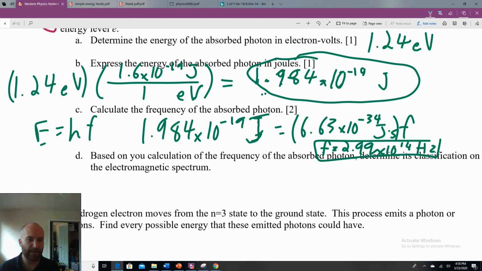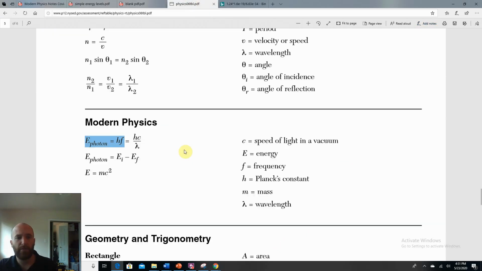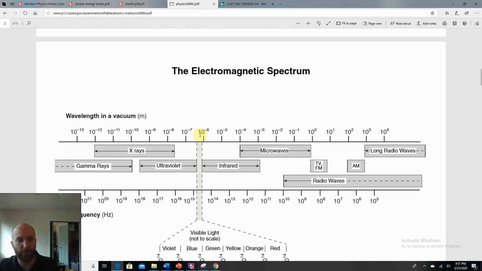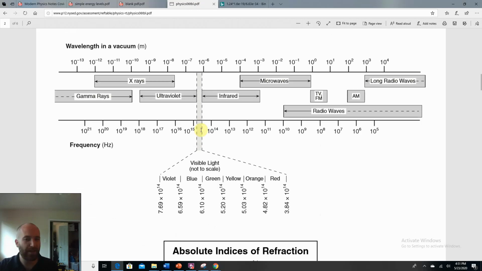The last thing I'm going to ask here is, based on the calculation of the frequency, determine its classification on the electromagnetic spectrum. What I mean is, on our electromagnetic spectrum chart, where would that fall? So 2.99 times 10 to the 14. 10 to the 14 is like here-ish. Notice that all of our visible light colors are times 10 to the 14.